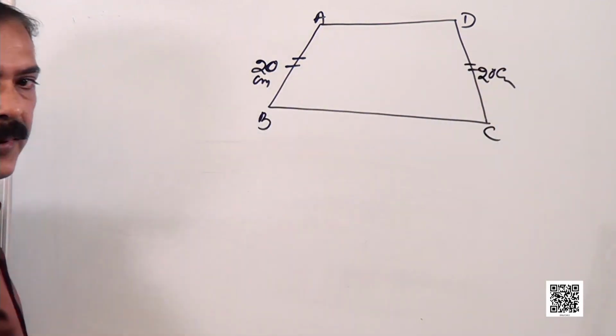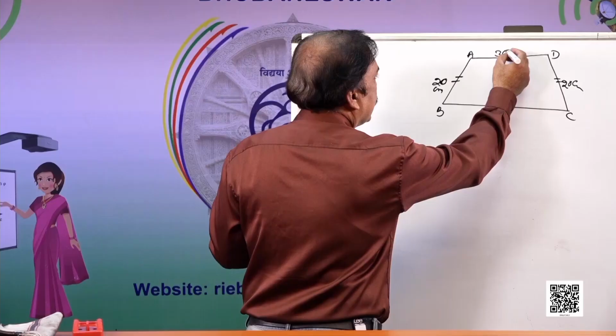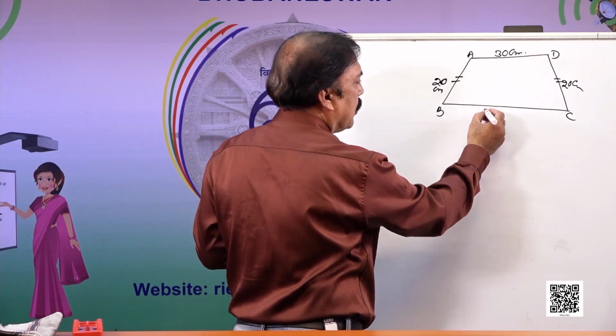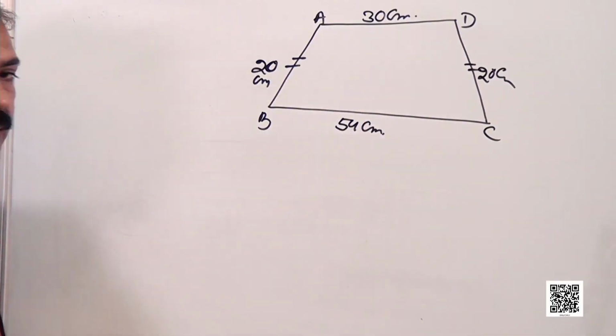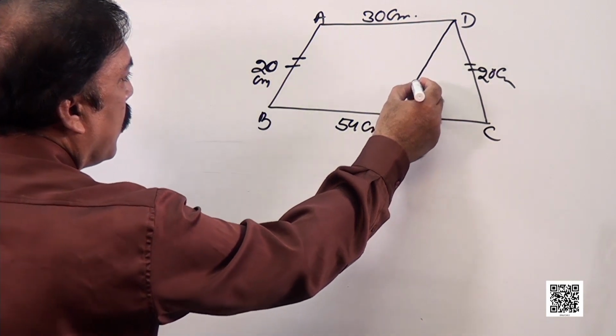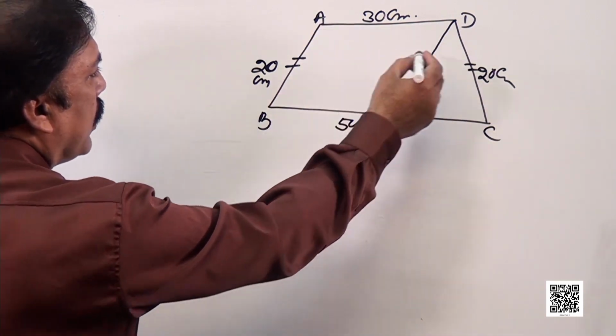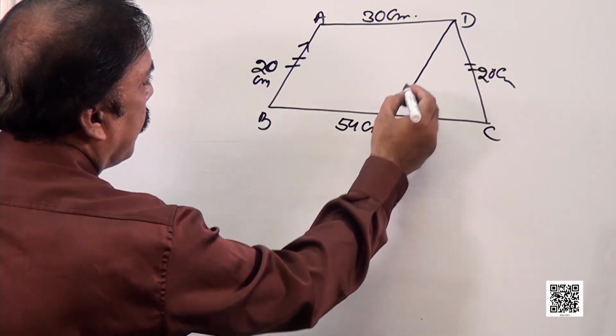And AD, the parallel lines are of dimension 30 centimeter and this is 54 centimeter. BC is 54 centimeter. Let's draw a line through D which is parallel to AB. AB is parallel to, say, DE.